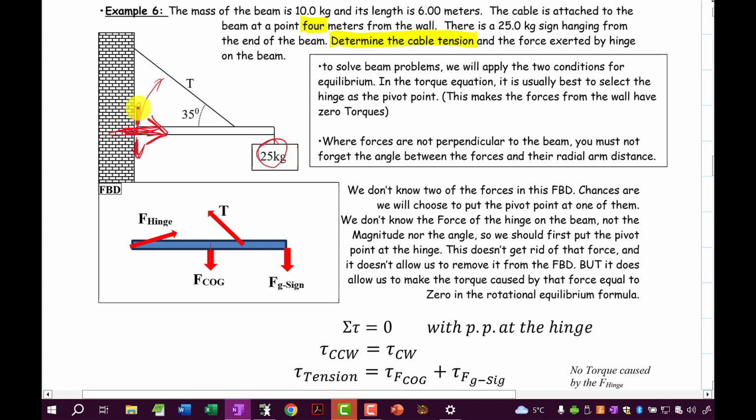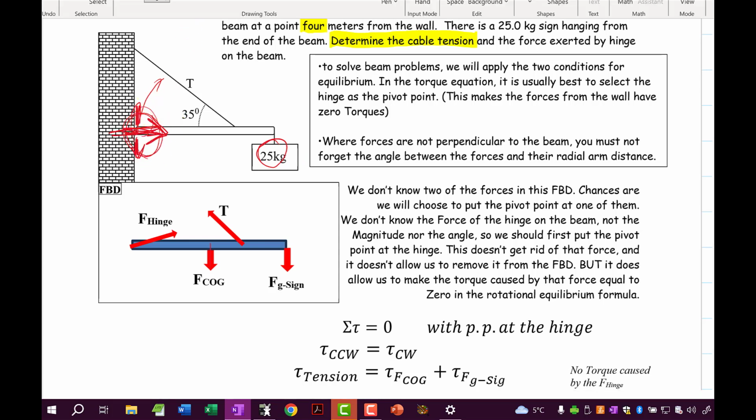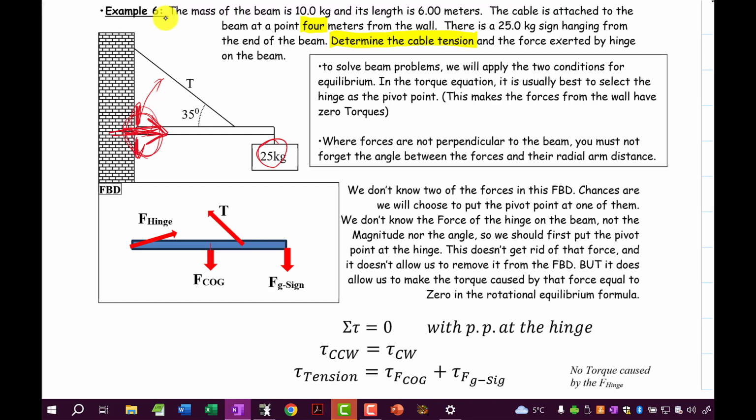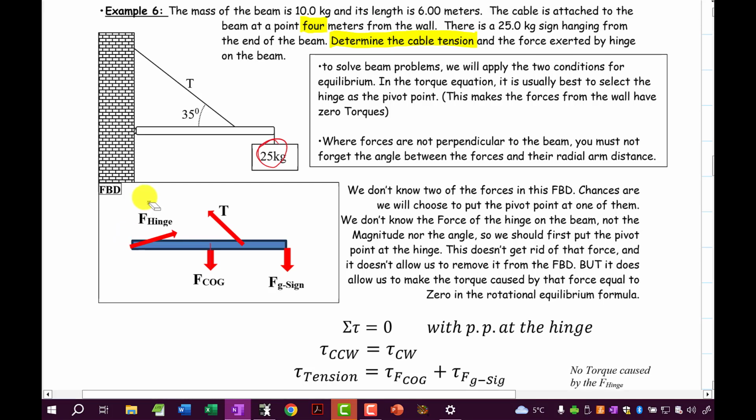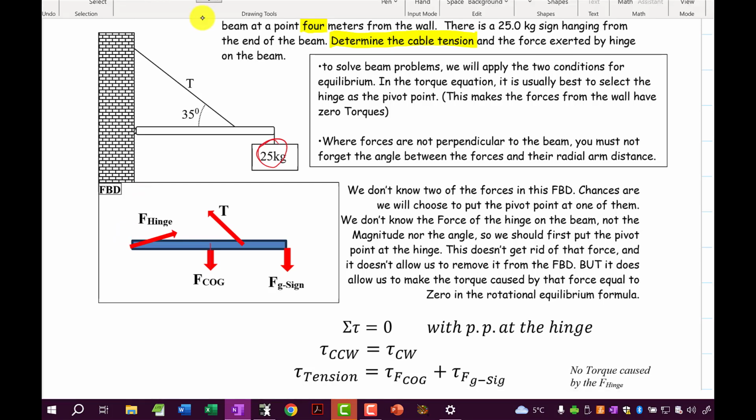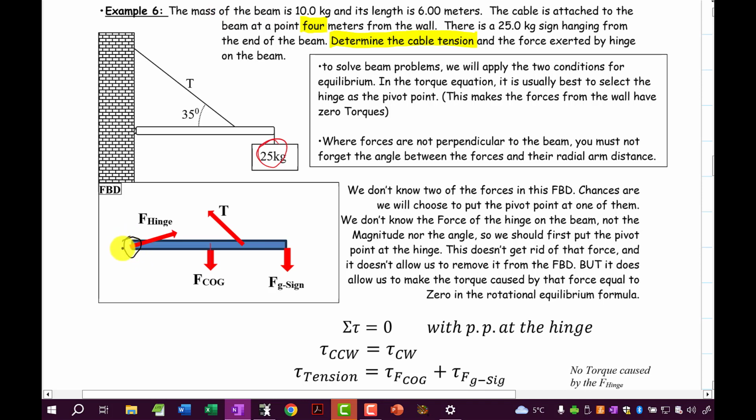So there's an upward force component and a horizontal force. We don't know what they are, so draw it, guess. It could be totally wrong in your free body diagram, and that's what I did. But that is the exact reason why we're going to put the pivot point right there.